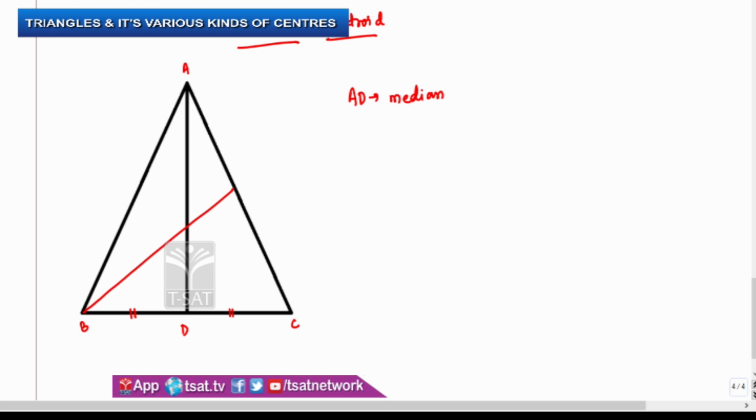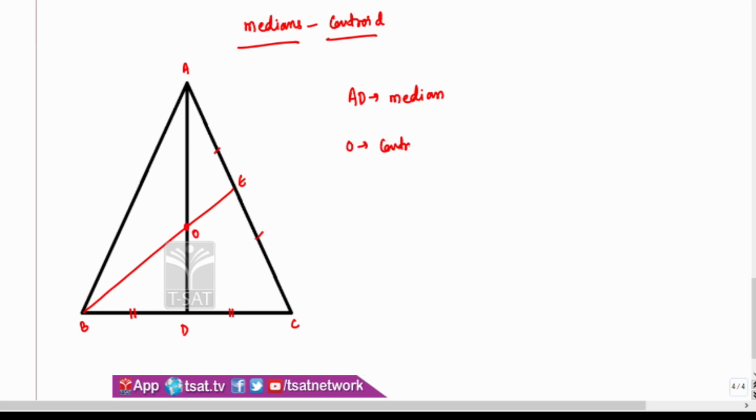If I take BE, it is also a median, and this O, the centroid, divides the median in the ratio of 2 is to 1.